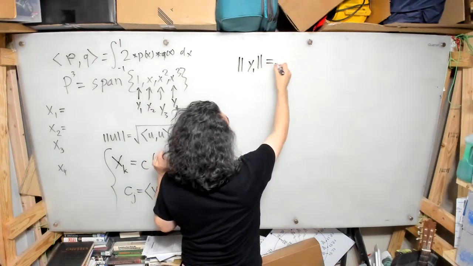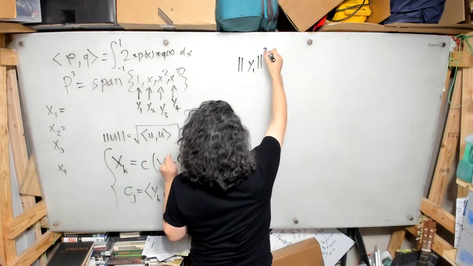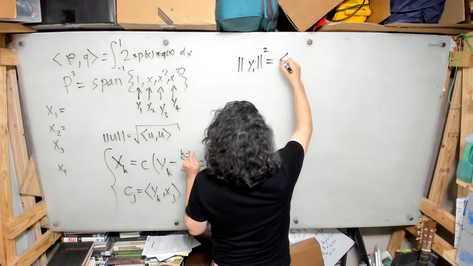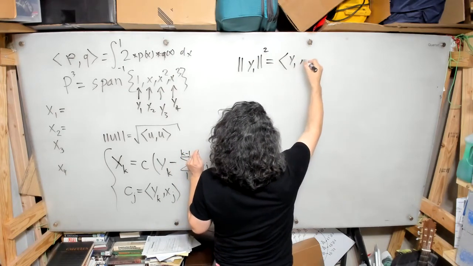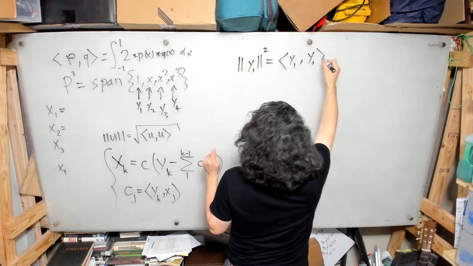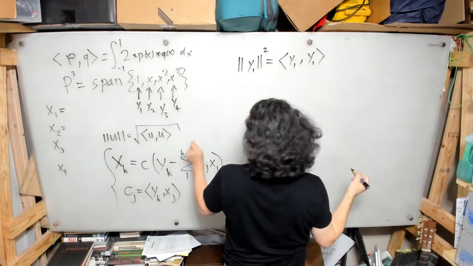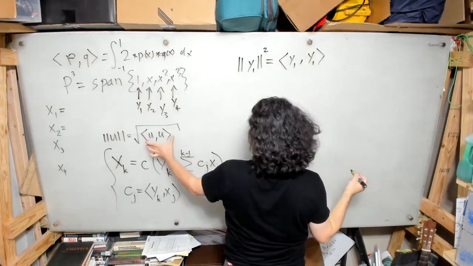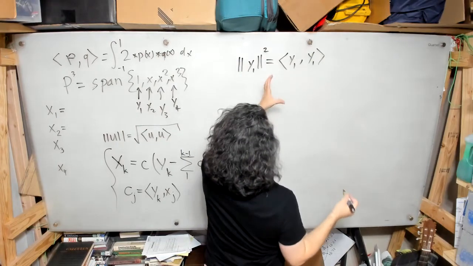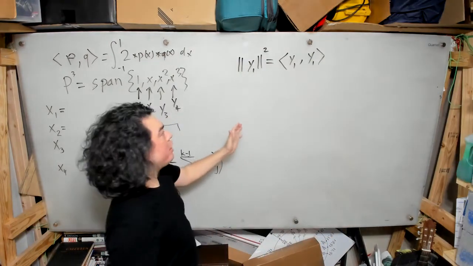Well, the square of the magnitude of y1 will be the inner product of y1 with itself, because that's what we were saying before: if I square it, I get the inner product. And the reason I'm writing it like this is because this will be easier for us to calculate.